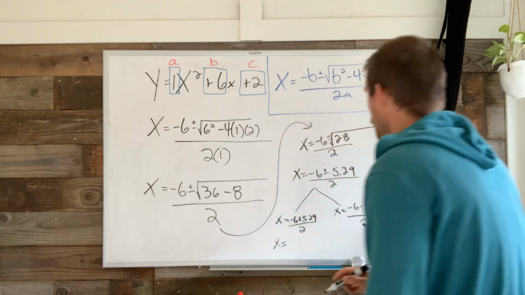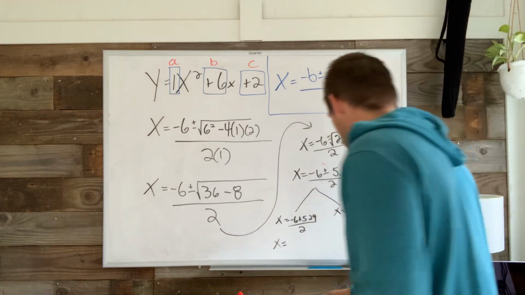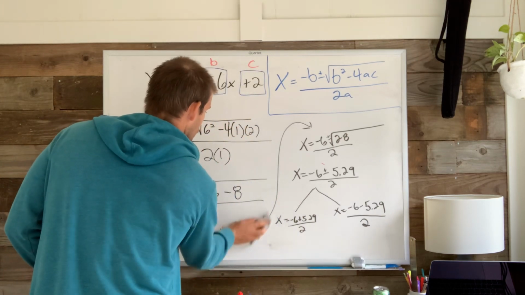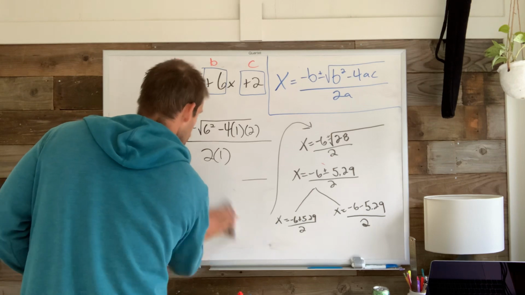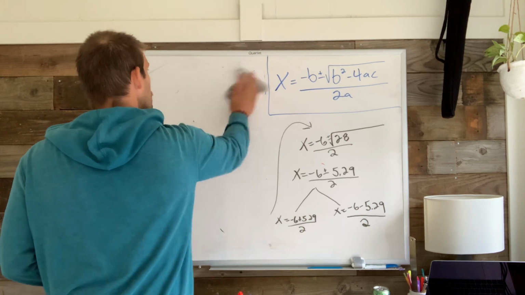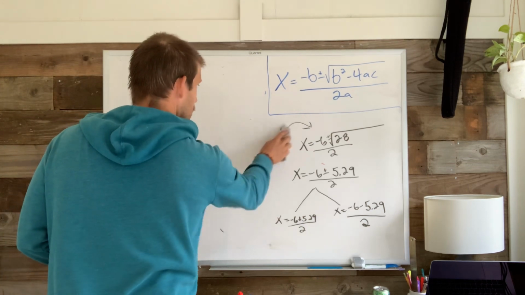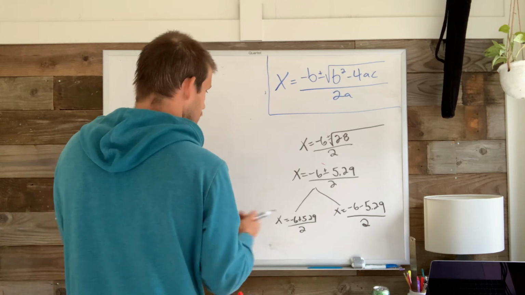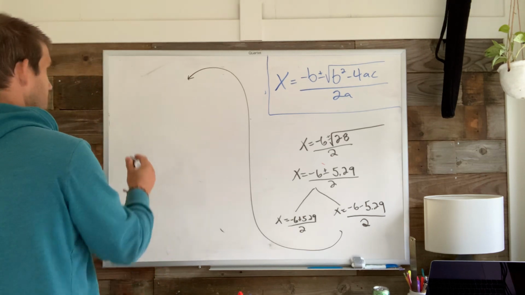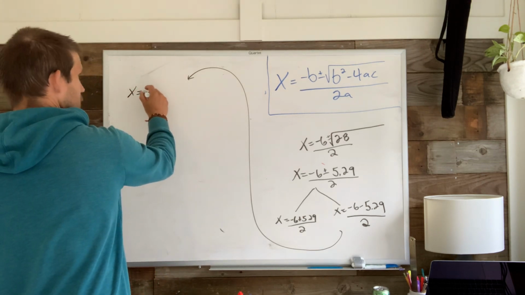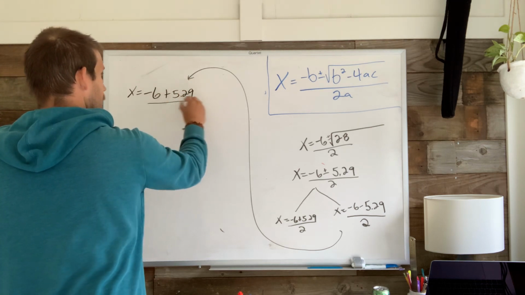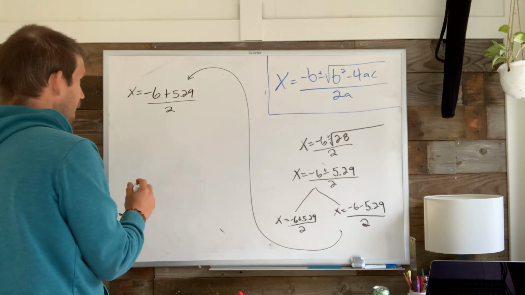In this case, we're getting a little small towards the bottom here. I'm going to erase so I can move over and keep making it big. So I'm going to take these 2 equations and move them up here. We have x equals negative 6 plus 5.29 all divided by 2. We'll solve that one first.